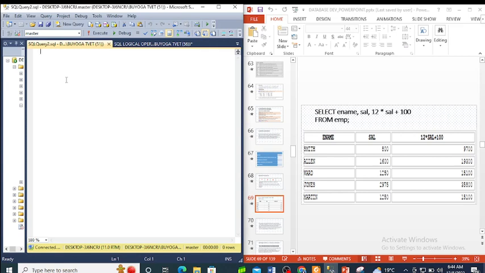Let's use our database sales. Use sales, then we select our database, which is customers.